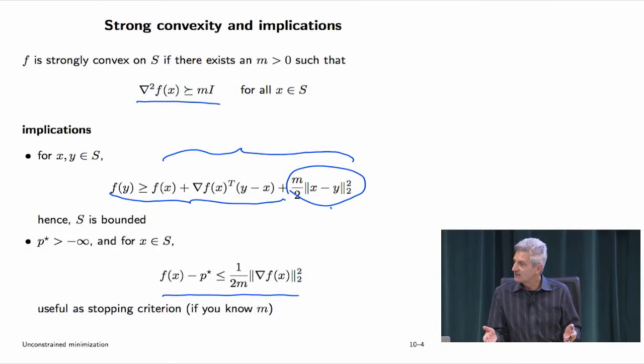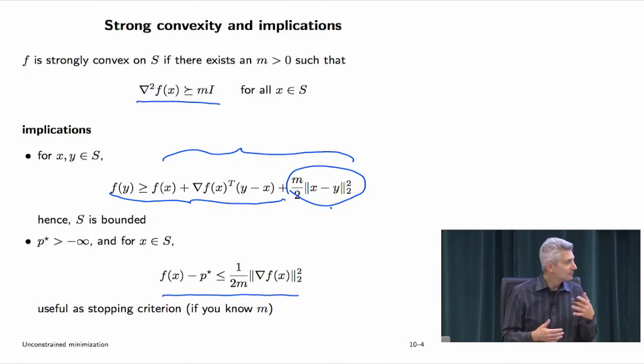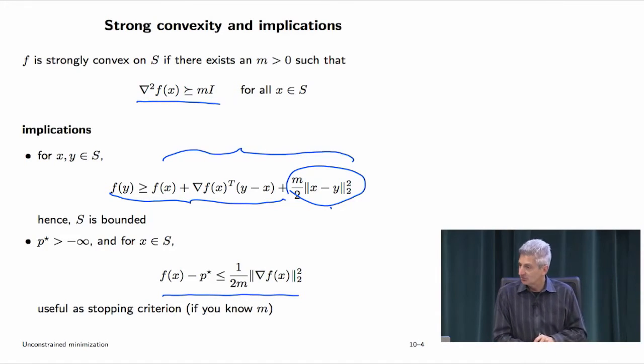So the actual code says, if the norm of the gradient is less than 1e minus 7 or something like that, break. That's what's actually in the code. Someone looks at that and says, what's that all about? You would point to this as the justification. You might even put this in a comment in the code. Only minor problem is you don't know m. That's why I would call this a feel-good thing. Okay, so that's the idea.